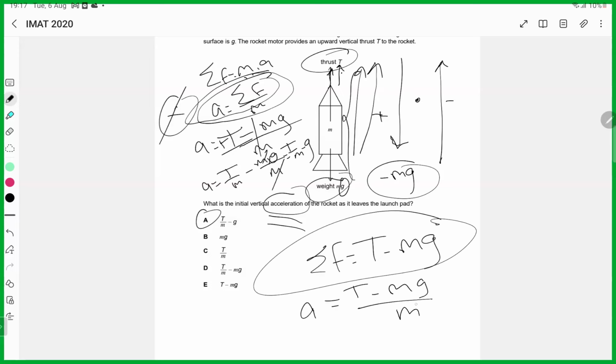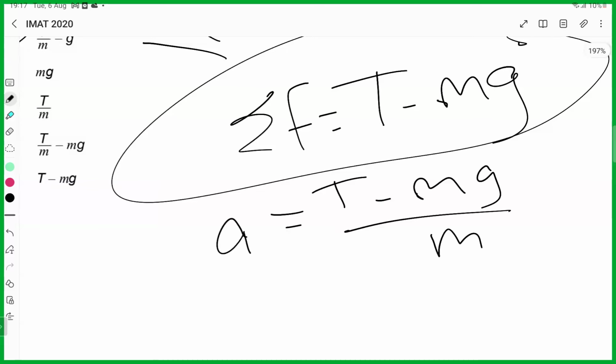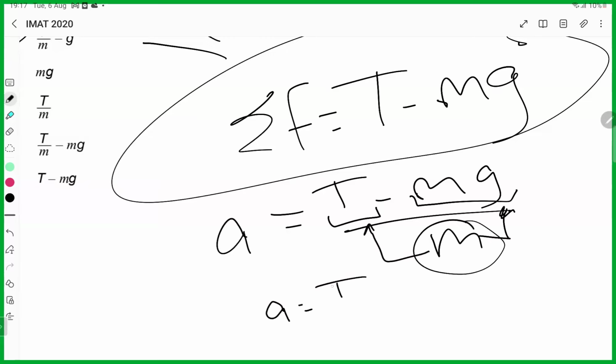in a fraction, when you have a minus or plus in the numerator, you can divide each monomial by the denominator. So how many monomials do we have? We have the first monomial and the second monomial. So you enter this m, which is in the denominator, on the first and on the second. So a equals T over m minus mg over m.